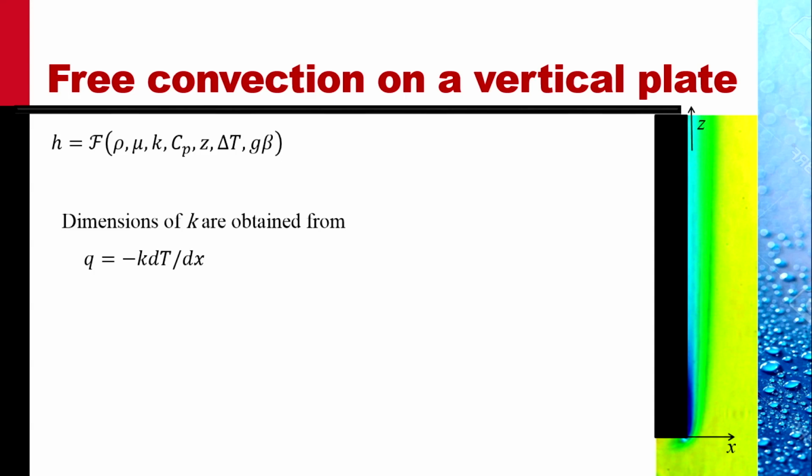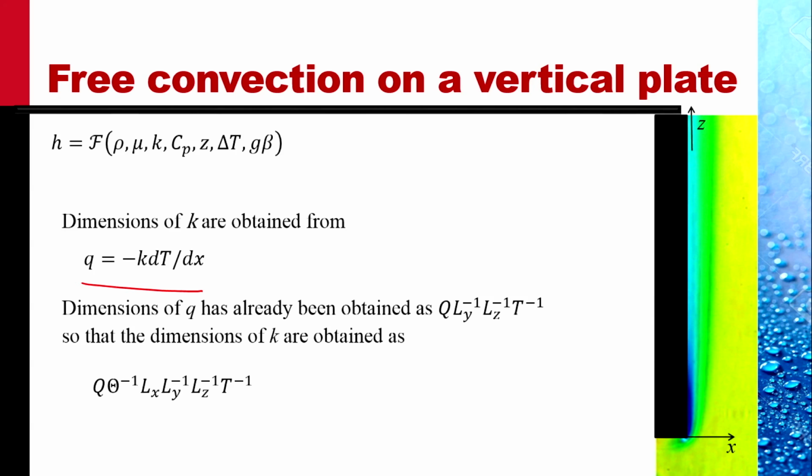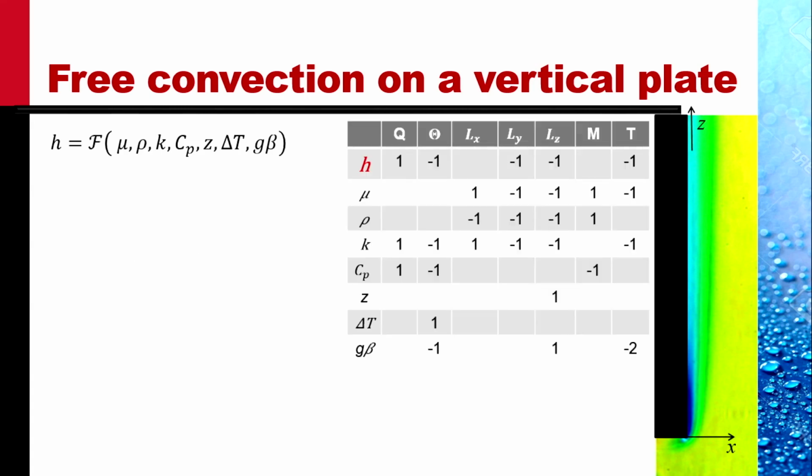The dimensions of K, the conductivity, are obtained from this relation. The heat flux is minus K dt by dx. Dimensions of Q have already been obtained as this. And so dimension of K are obtained as these. You can verify them. So, with a bit of patience, we can construct a matrix of dimension of all our parameters here and the dimensions here.